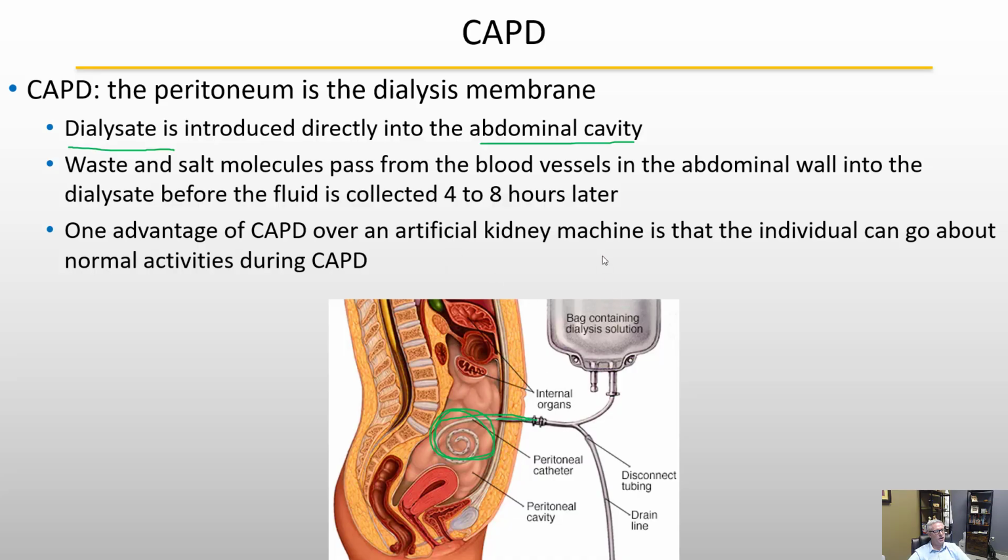And then you're going to have this bag of fluid that has this dialysate, and you're going to put this dialysate into your abdomen, and it's going to sit there for about 4 to 8 hours. And we call that your dwell time.